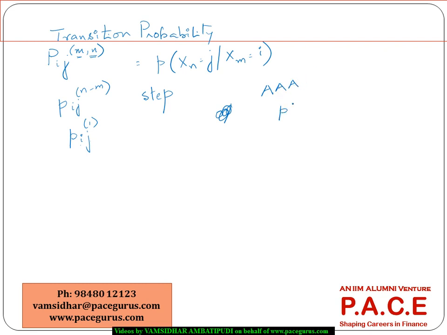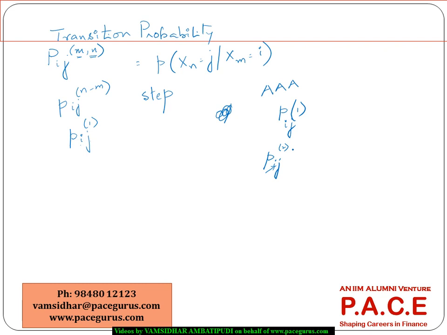What is the probability that within 1 year a company operating at AAA level will go to AA level? This is called the one step probability. Similarly, when I say two step, within 2 years or within two periods, what is the chance that a firm currently at AAA rating may go to AA rating within two periods? This is called the two step probability, two step transition.